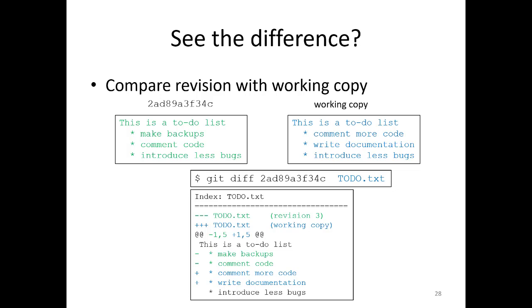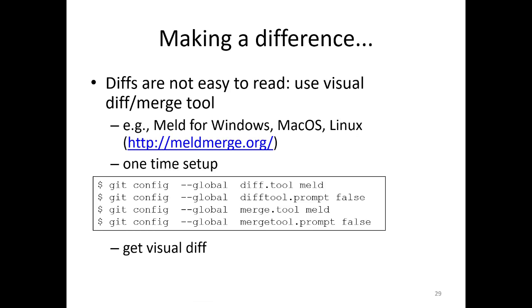And the lines above, so this is a to-do list, and the last bullet point, introduce less bugs, are basically unchanged. So you need to get used to reading the output of diff, but once you're used to it, it's actually quite convenient.